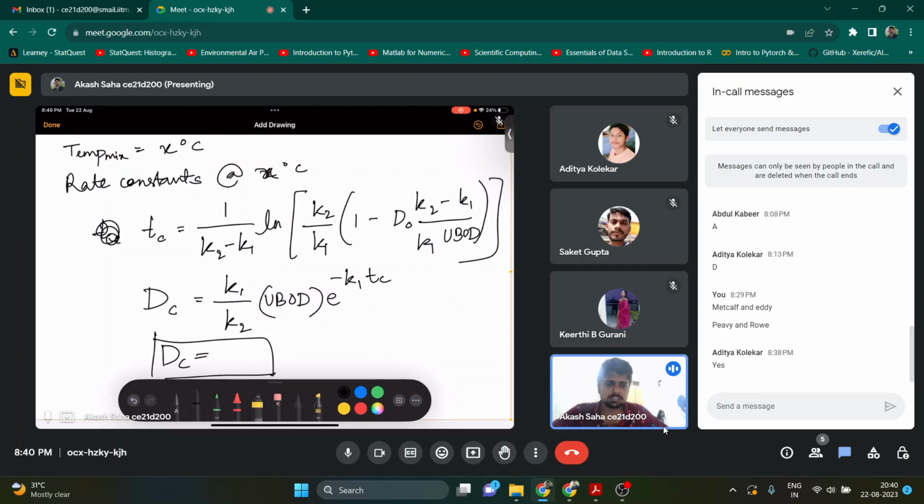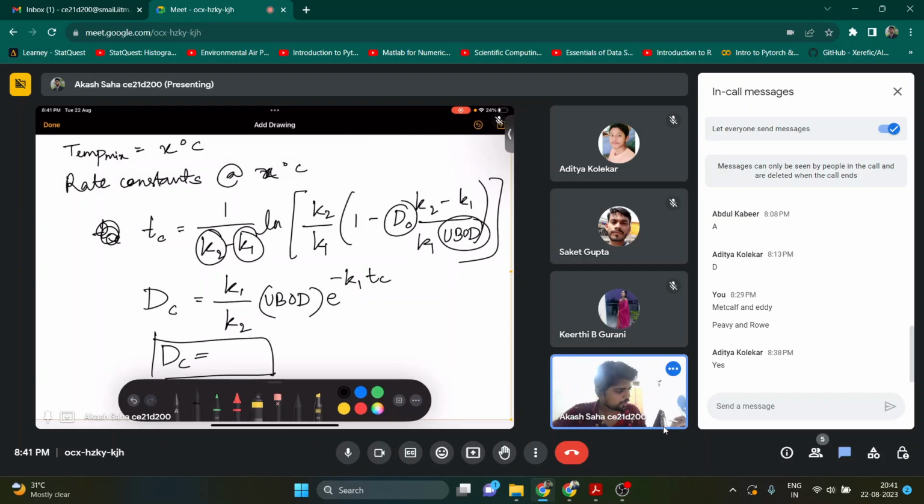Is it clear? First we have to find all the parameters, because here we need to know K2, K1, D naught, UBOD, and all these rate constants at the particular temperature. For that, we have to find the mixed temperature; only then will we be able to find them.